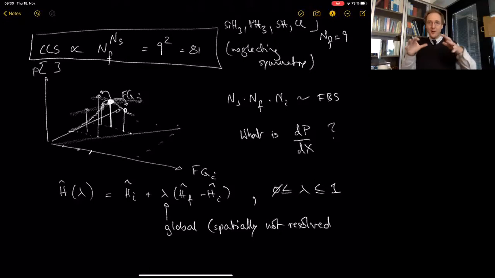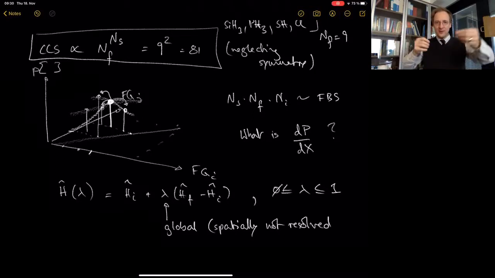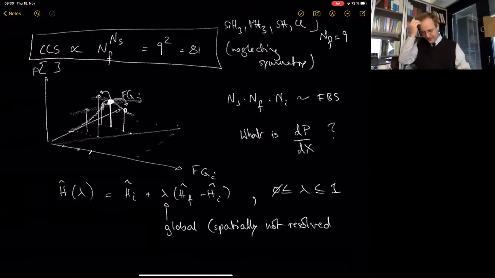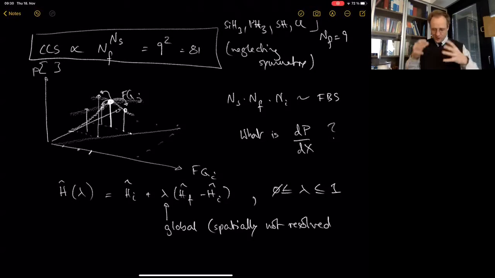And remember, your Hamiltonian contains the external potential, which acts everywhere where your nuclei are, right? So it's spatially inhomogeneous, and so to interpolate things globally is quite a statement, right? In some sense, it's very brutal, right?